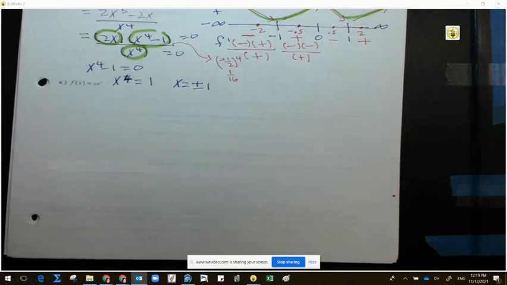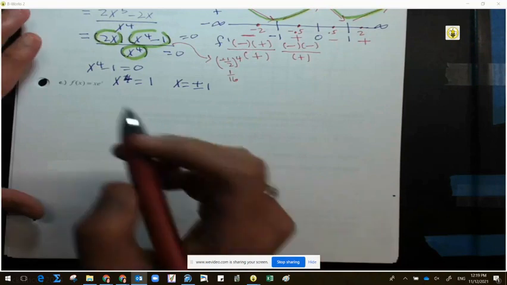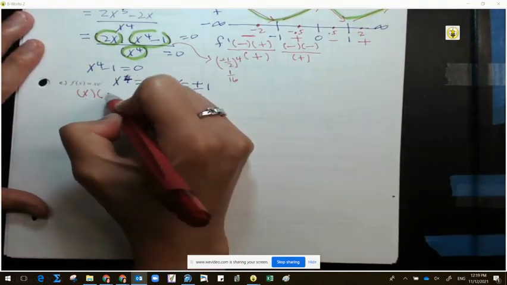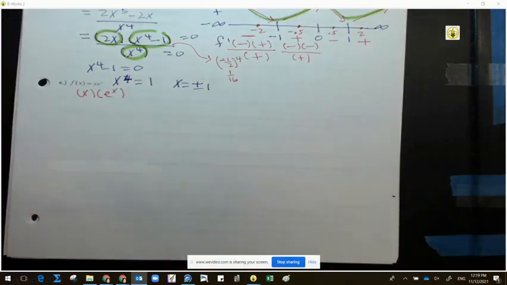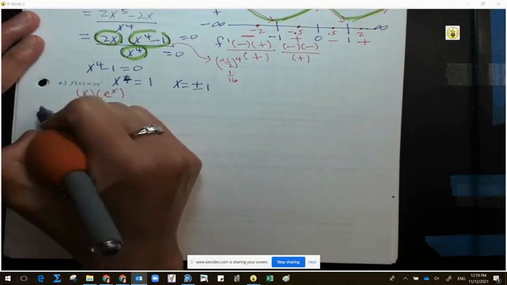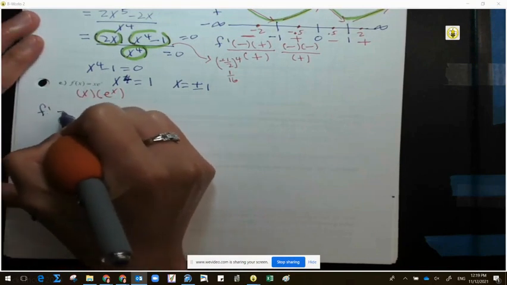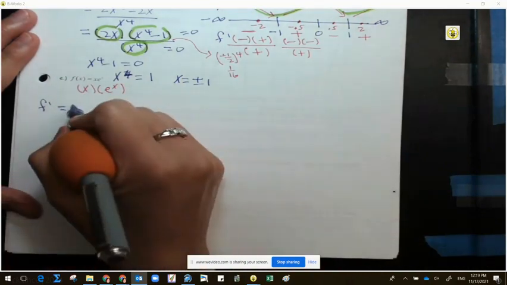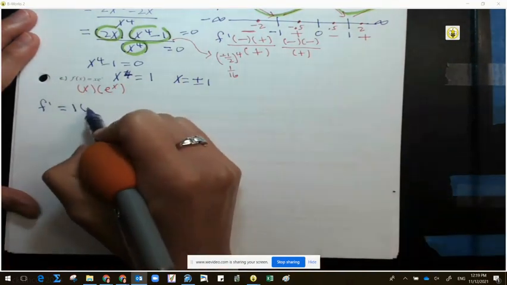On E, what rule are we using? Product. I see x in 2 locations. Write it with the parentheses. So let's do a reminder of the product rule. The rule says derive the first one. What's the derivative of x? And then we keep the second one.